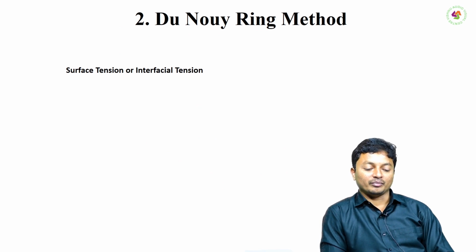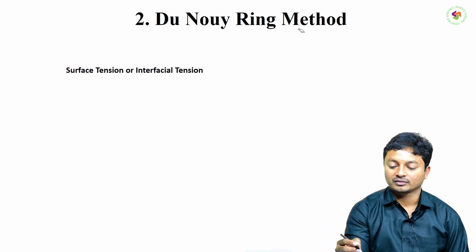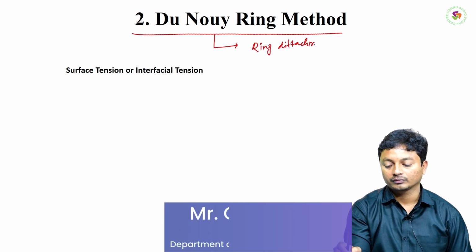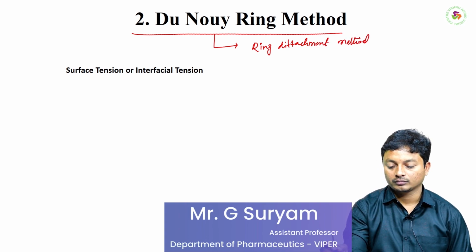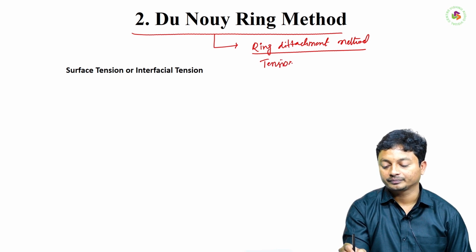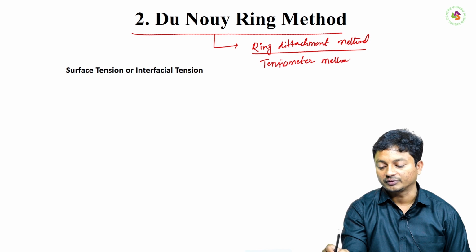The Du Noüy ring method is also known as the ring detachment method, and also known as the tensiometer method.